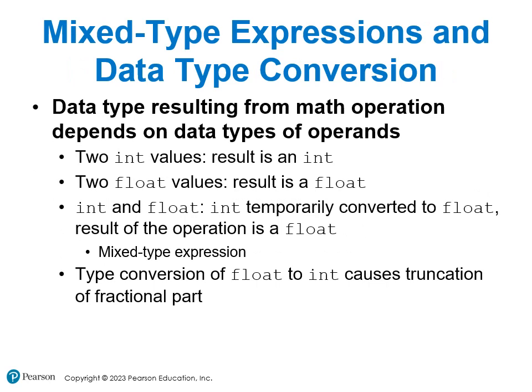The data type from any of your math operations is going to be heavily dependent on what data types you're using. So if it's two integer values, it's going to return an integer. If it's two floating values, you're going to get a float. However, if it's an integer and a float, the integer is going to be temporarily converted to a float as you're doing your math operation, and then the result is still going to be a float. That is called a mixed type expression.